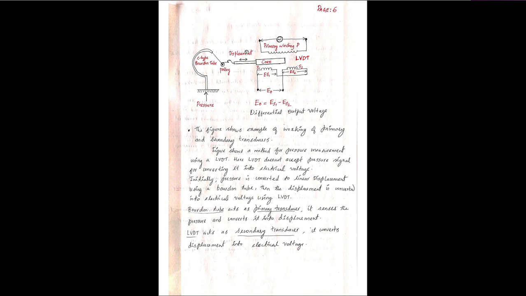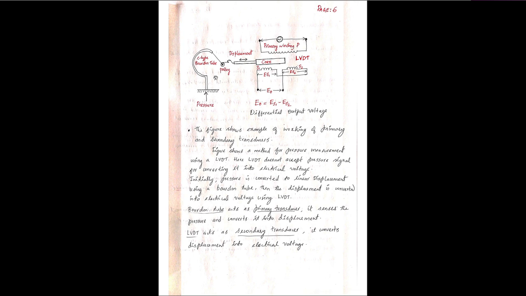So the output comes as displacement here, and this output is fed to an LVDT. Due to the change in displacement, the core here will be excited. Here we have the primary winding and secondary winding, with ES1 voltage and ES2 voltage.